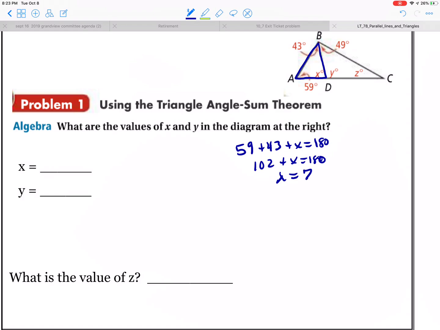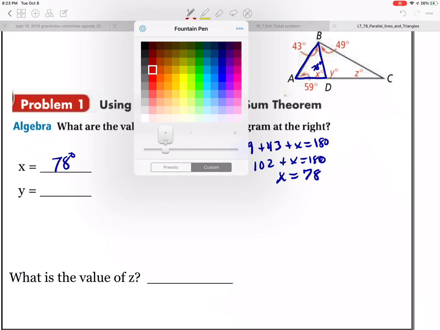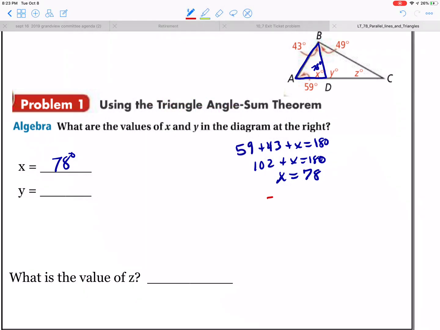So x is 78 degrees. So if I've got x is 78 degrees, then I can find y because x and y form a linear pair. So I know that my 78 degrees plus y equals 180. So then I solve for y and I get y is 102.